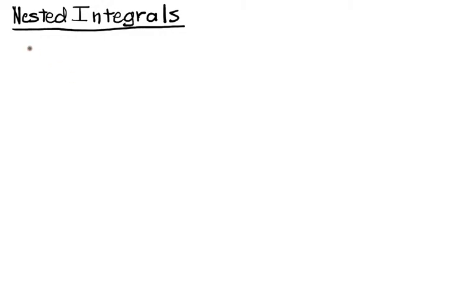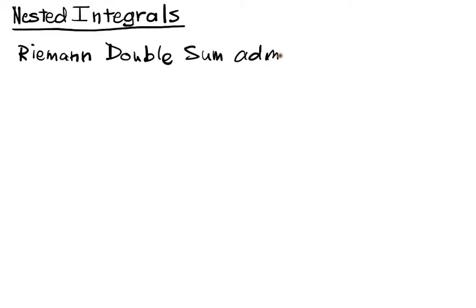Now you can see that we can write the Riemann double sum, or any Riemann double sum, in about 3 ways that make sense. And they're all equivalent.